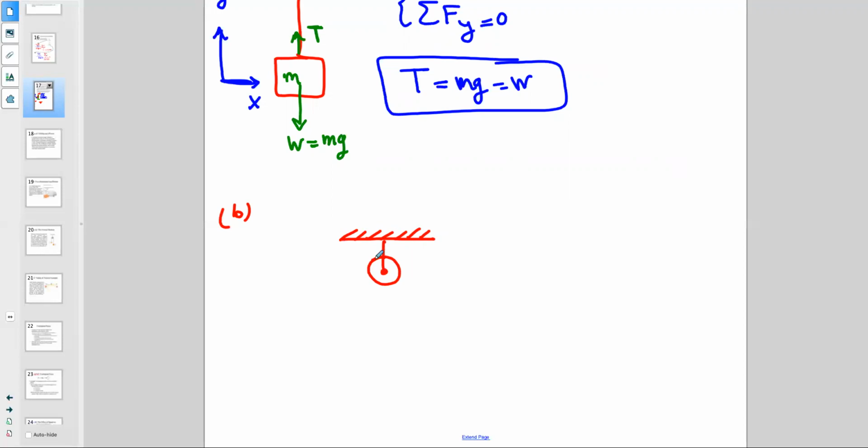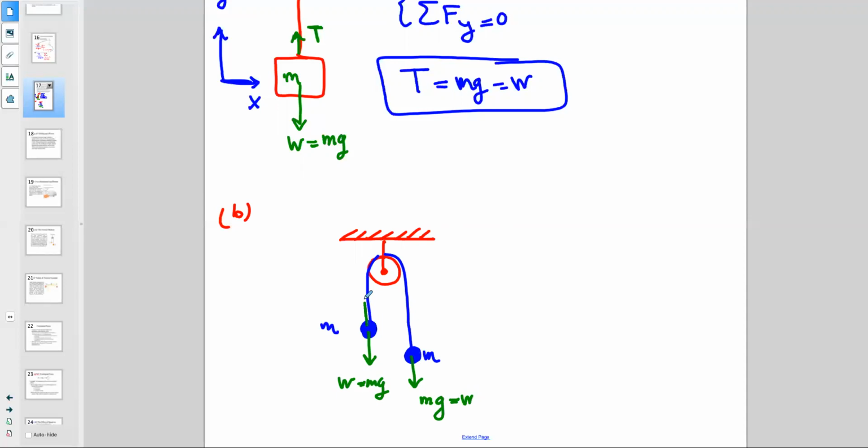And then we have one side of it is this block, the other one is this one. So let's call them block and M. They have the same mass. So we have W, which is mg here. We have W, which is mg here as well.